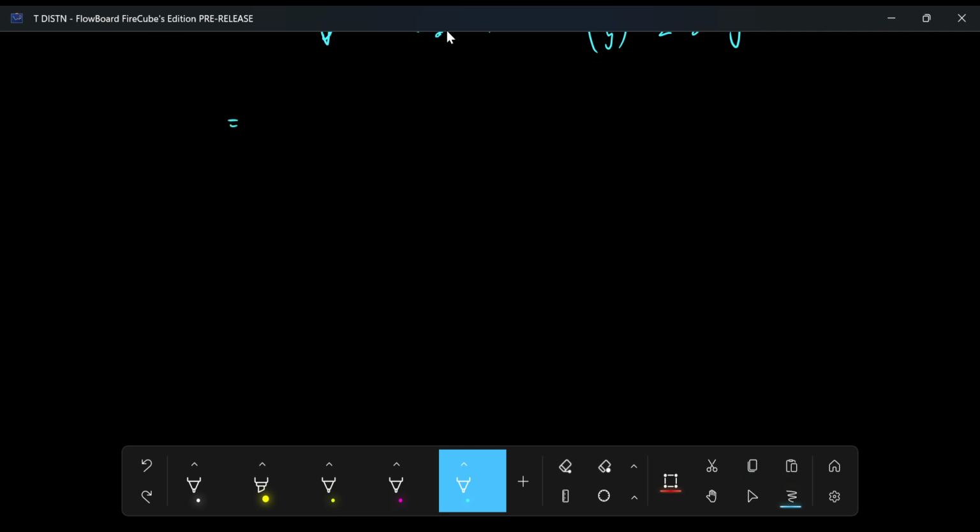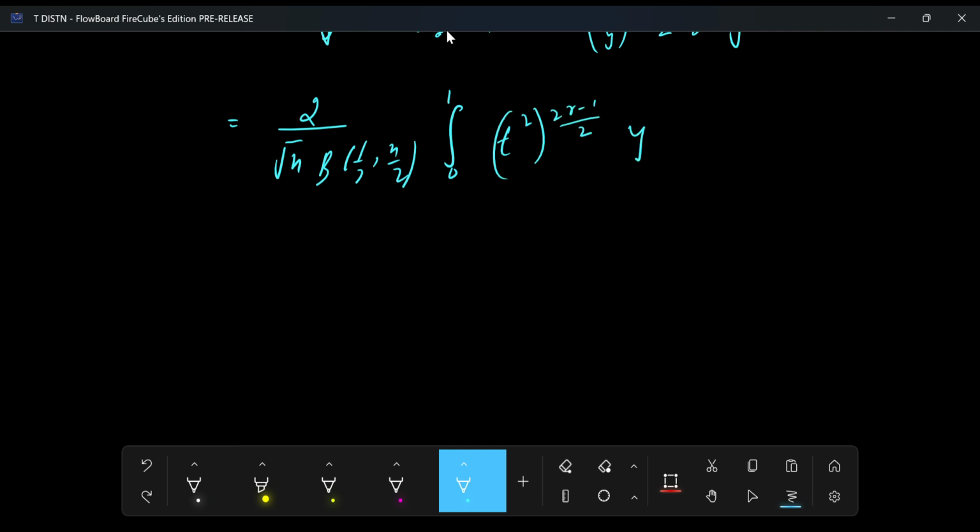So this will be equal to 2 upon root n beta 1 by 2 comma n by 2, integral from 0 to 1, t square 2r minus 1 upon 2, y^((n plus 1) divided by 2) minus 2, dy.